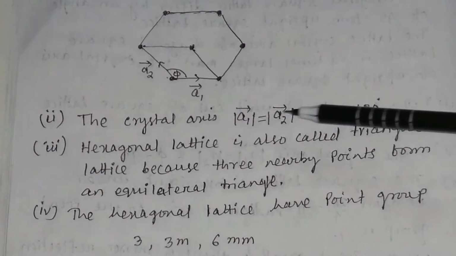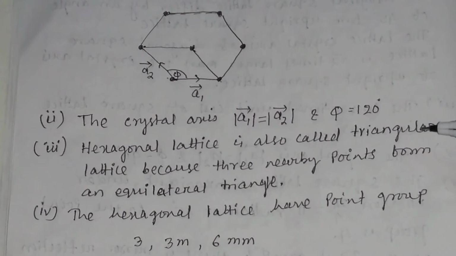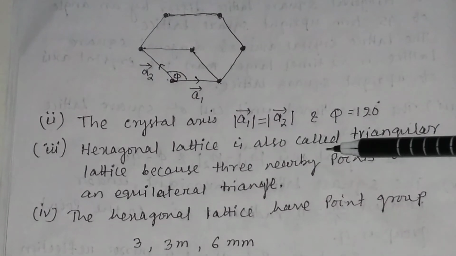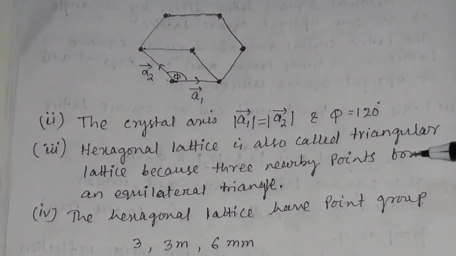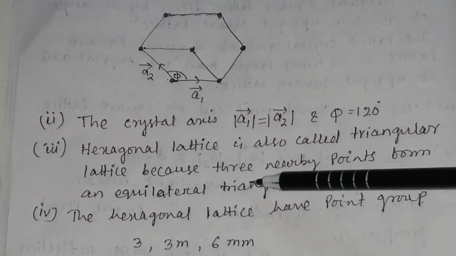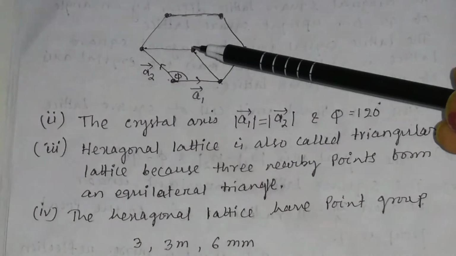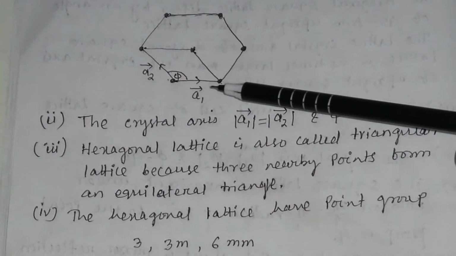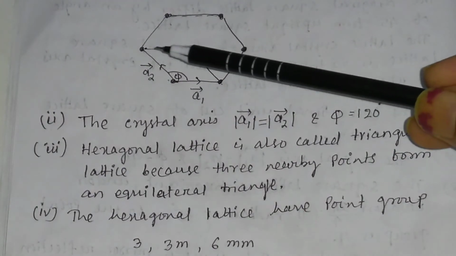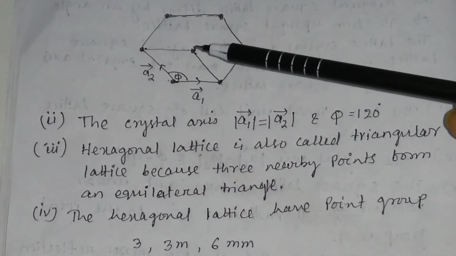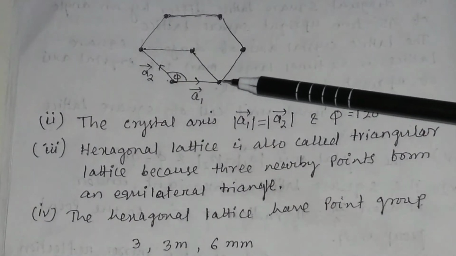The hexagonal lattice is also called the triangular lattice because 3 nearby points form an equilateral triangle. You see, if you join this, then this will be an equilateral triangle. This will also be an equilateral triangle. This will also be an equilateral triangle.